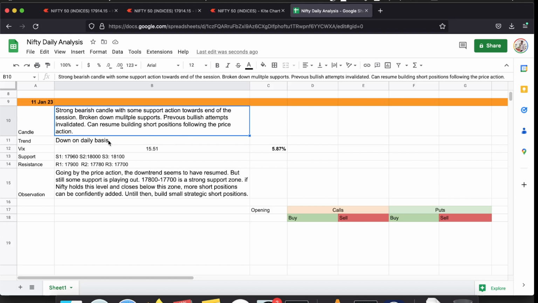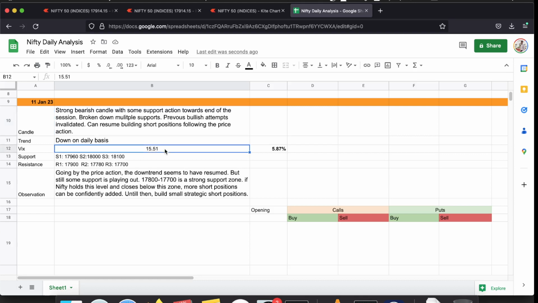The trend is down on a daily basis, and VIX has risen almost 5% today towards the end of the day. Actually, somewhere during intraday, it rose almost 8% from yesterday's low, and that has pushed the premium on puts up quite a lot. So if anybody bought puts yesterday during the close of session, they would have made some good profit on it.